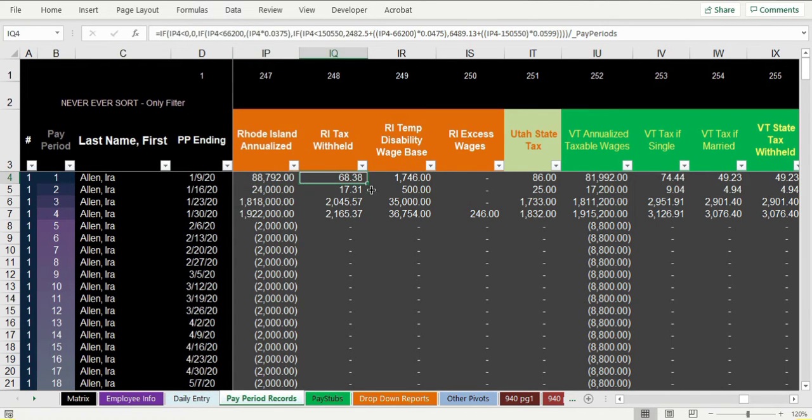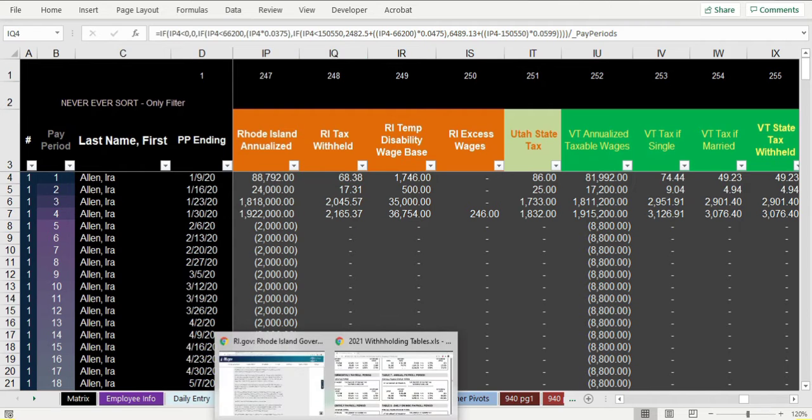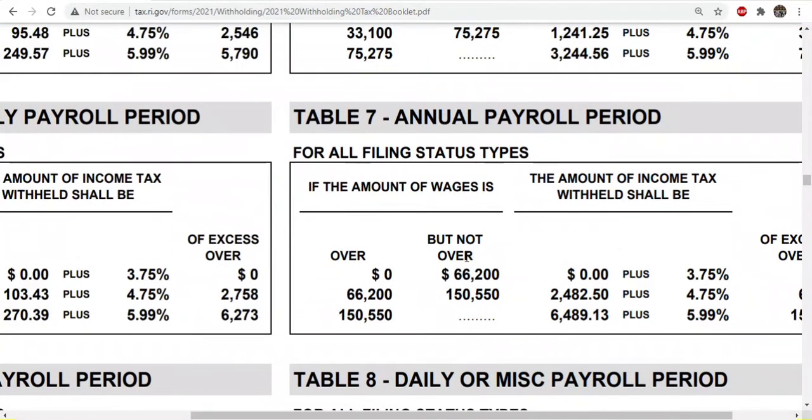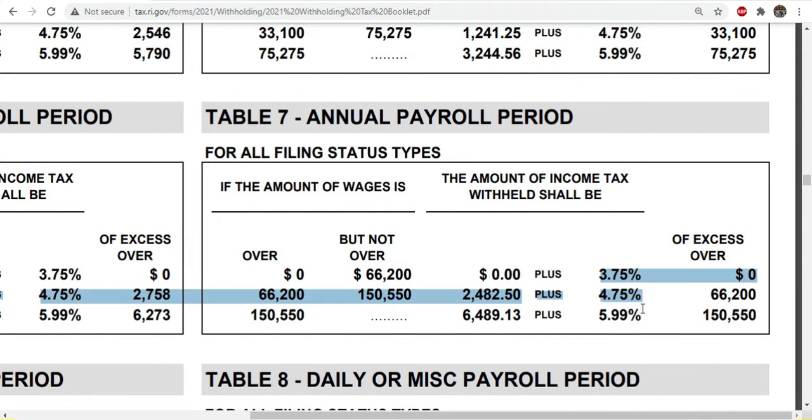And so you then have to just run a formula through it, and it's really not that bad. It's right here. There's only, I guess, three different tax brackets: 3.75%, 4.75%, and 5.99%. They keep it under 6. Can't fault them for that, but you are going to have state disability for another 1.3% though on the first 74,000 of wages. I'll talk about that in a minute.